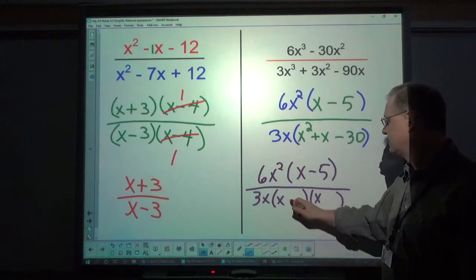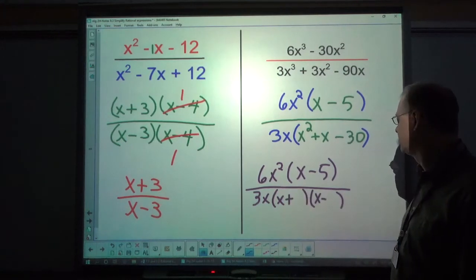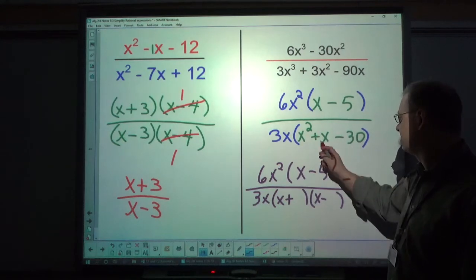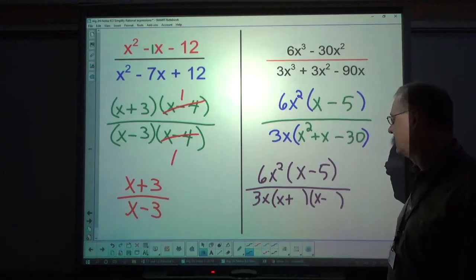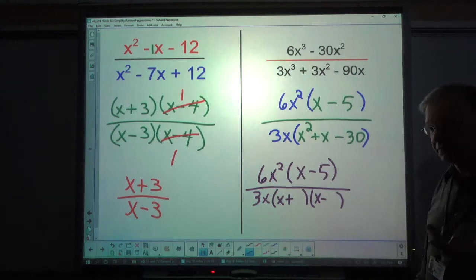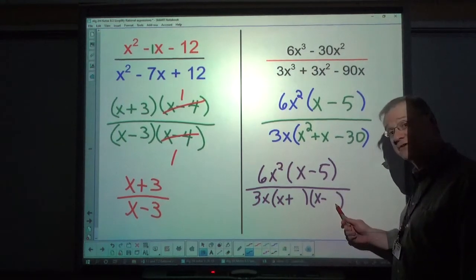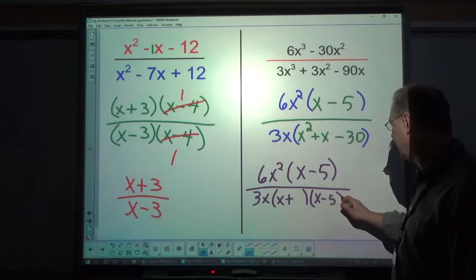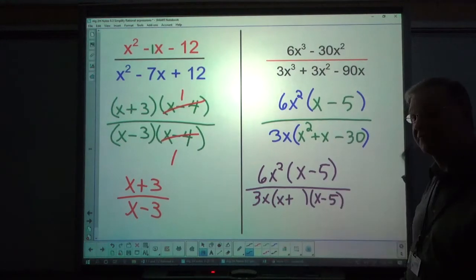Sign a plus and a minus gives us one plus and one minus. Let's see, 6 times 5 is 30 and differs by 1, different signs. So I want my 6 and my 5. Now, a hint, if it's going to reduce, the 5 is going to have to go here, right? So that kind of gives you a hint as to how to factor it.